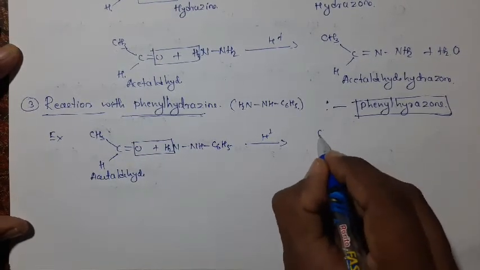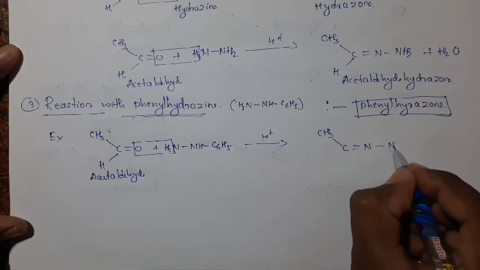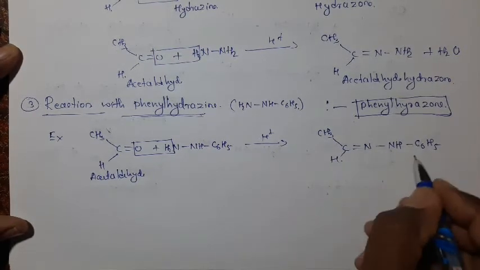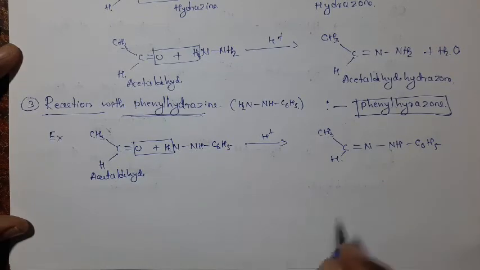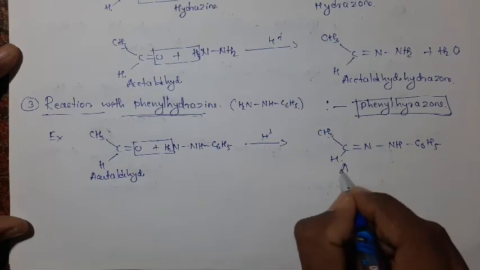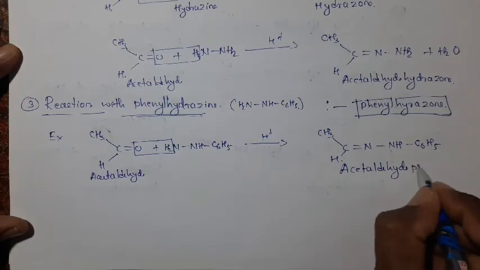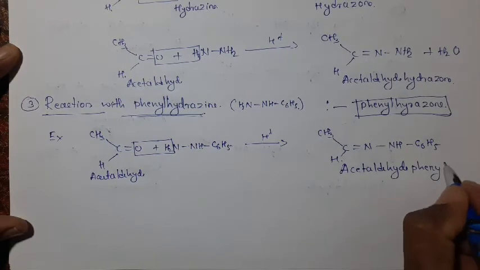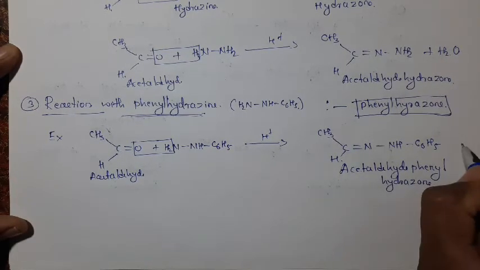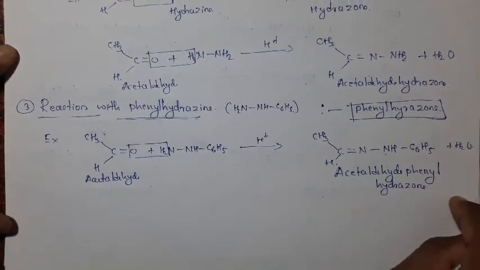It gives CH3 C double bond N NH C6H5. This is our phenylhydrazone, called acetaldehyde phenylhydrazone, plus one water molecule eliminated. In a condensation reaction, smaller molecules are eliminated.